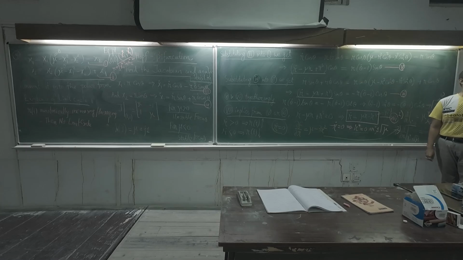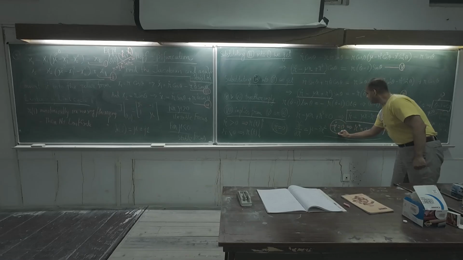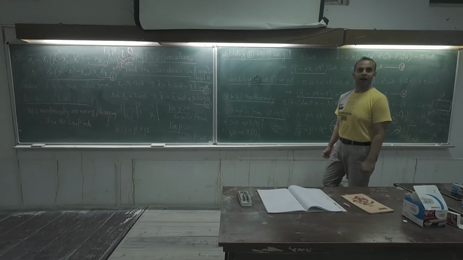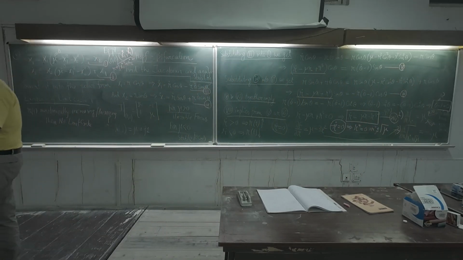If you ask why I am interested in finding the maxima or minima with respect to R, it is because I want to check whether it gives a non-zero constant R. That means I am trying to find out whether there is a possibility of R dot equals 0 and maintaining R dot equals 0. That is the condition for a limit cycle. Not only R dot equals 0, but maintaining R dot equals 0.